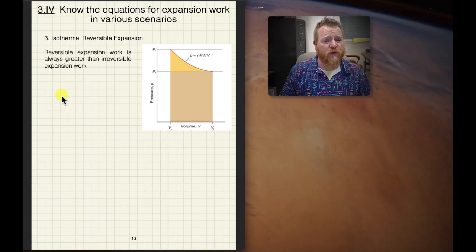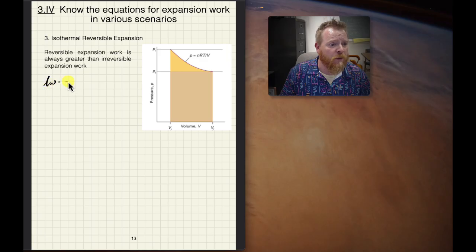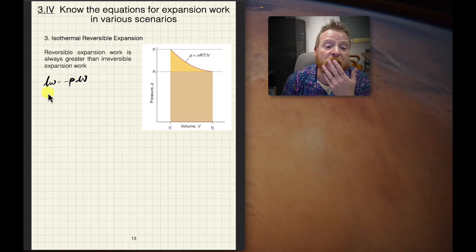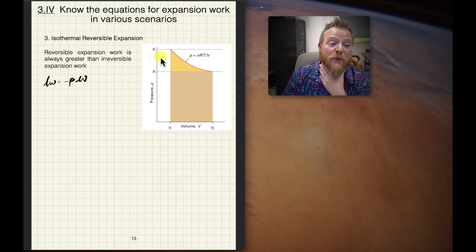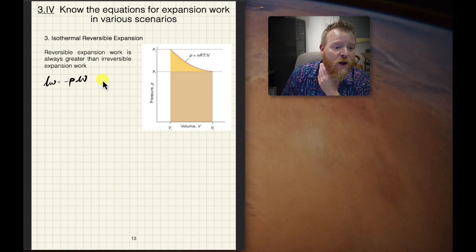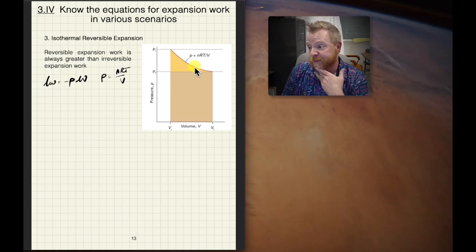So now if we were to look at our reversible work, okay, let's write that down, dW equals negative P dV. We recognize here that because pressure is not constant, we have to put in the ideal gas law. Okay, so we know that P equals nRT over V. There you can see it graphed right there.